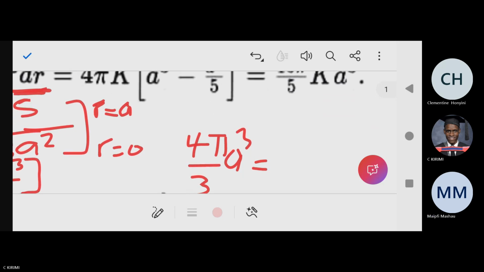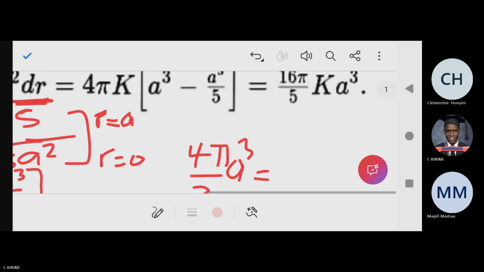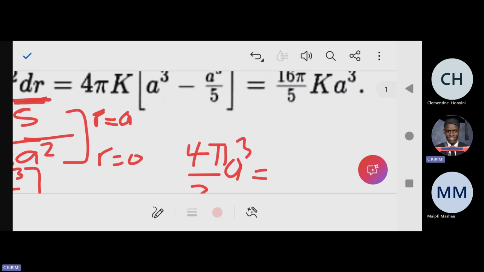We can factor out the a cubed because it's constant, isn't it?